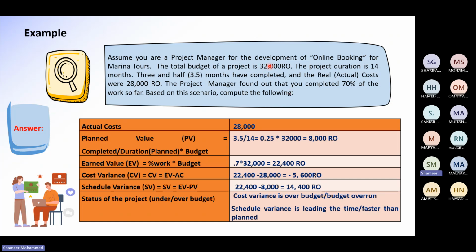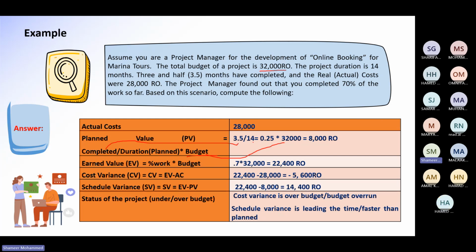So total cost of the project, this one, budget. Okay. This is the budget. So this is your completed work. So 3.5 months has been gone, but total duration is 14. So it is coming down to this one. Yani the planned value for the project is 8,000 Riyal.